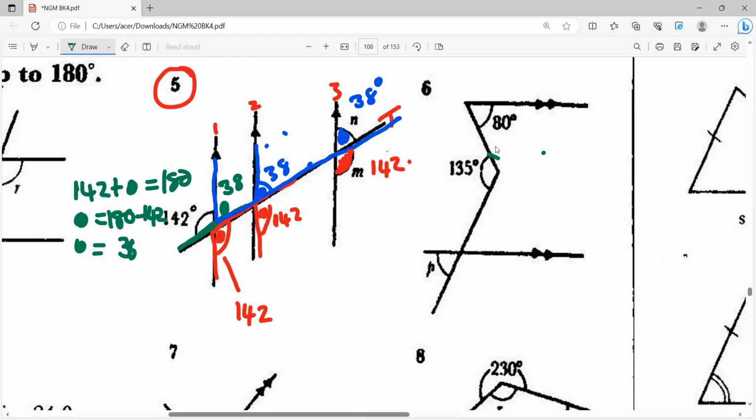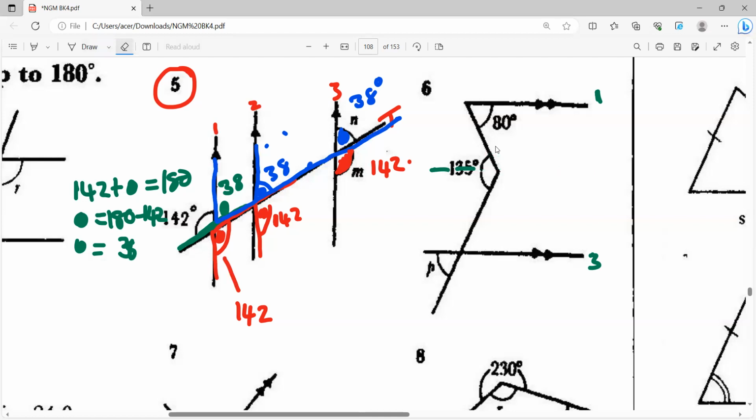The only thing that we can do to help us solve this problem is to construct another parallel line right in the middle here. So now we can use line number 1 and line number 2, and we can use line number 2 and line number 3 independently.